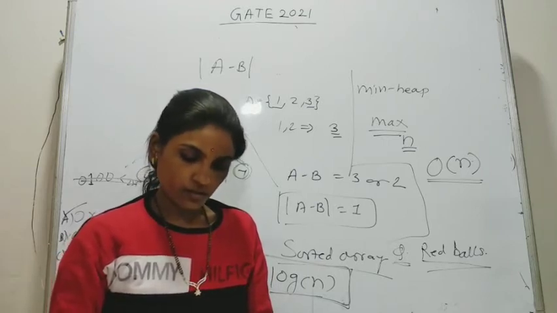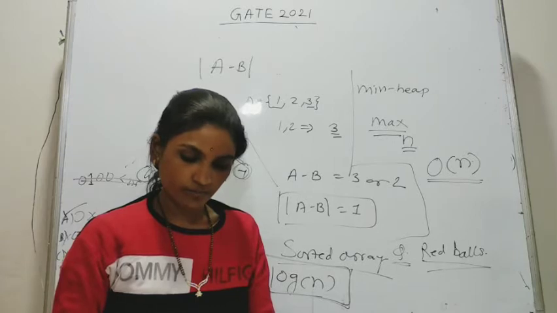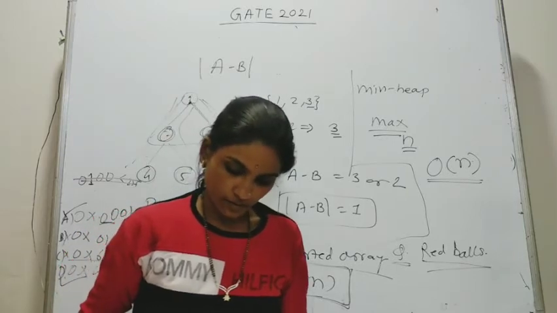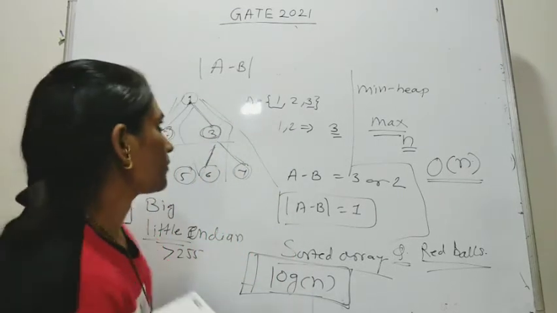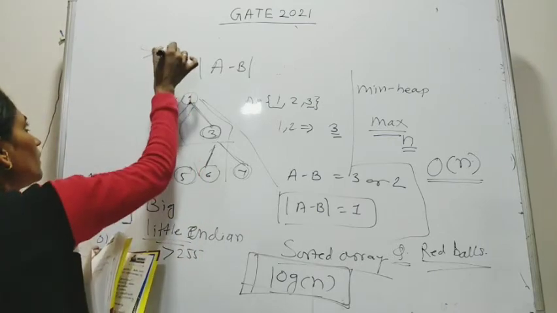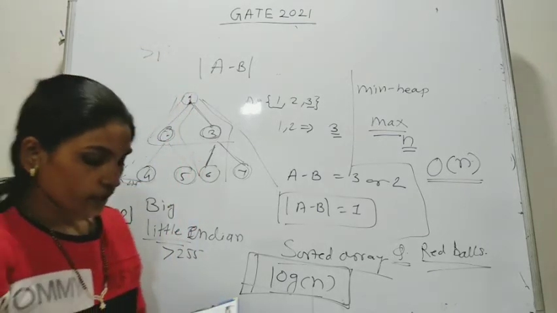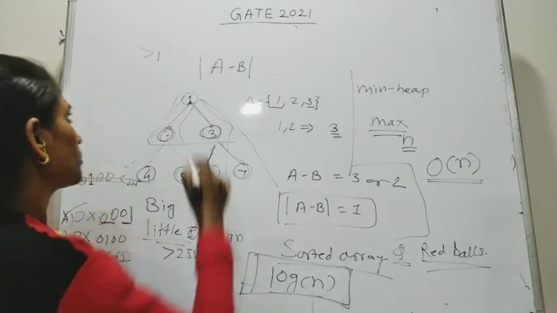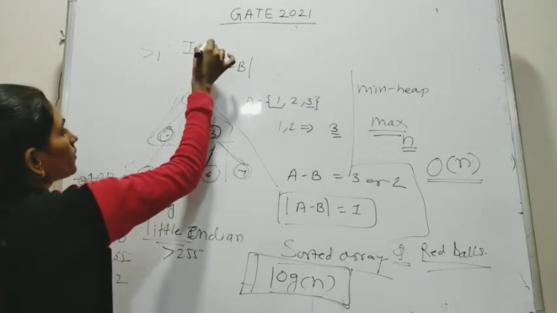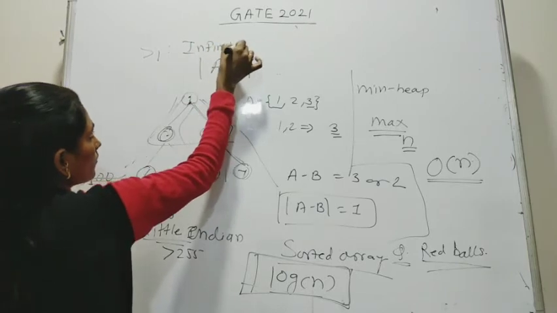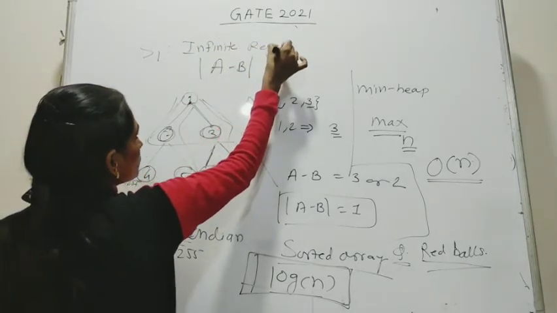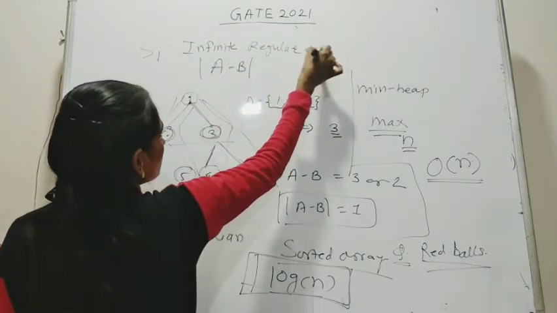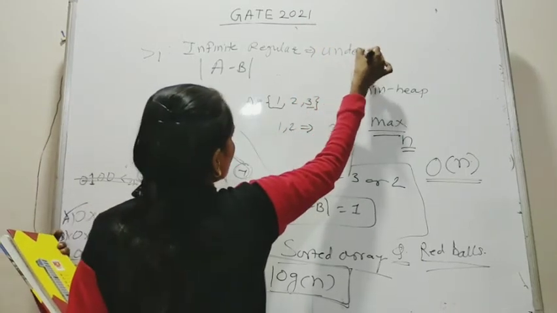The next question is on TOC. Two statements are given regarding regular languages. S1 is every infinite regular language is undecidable.